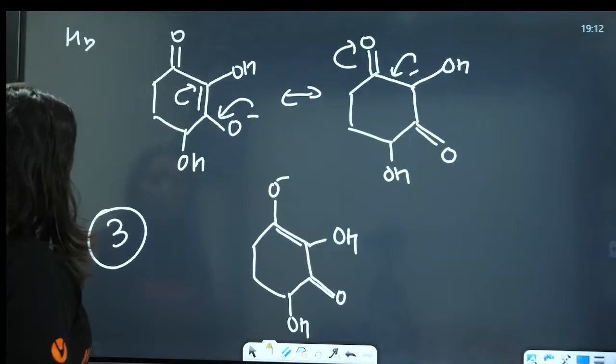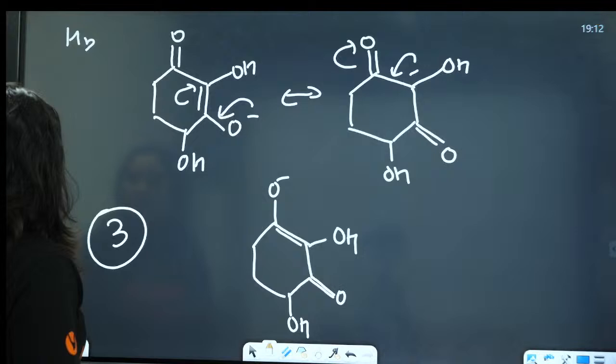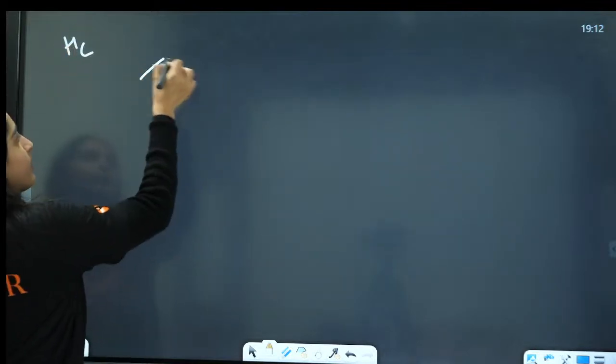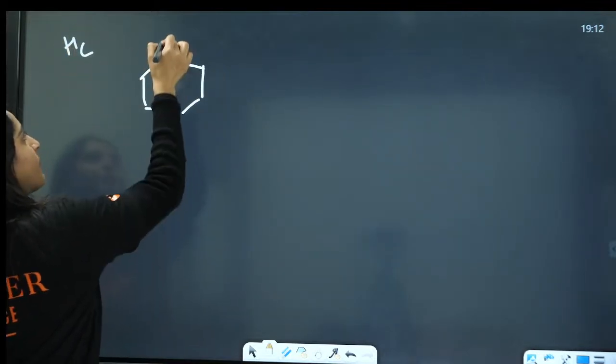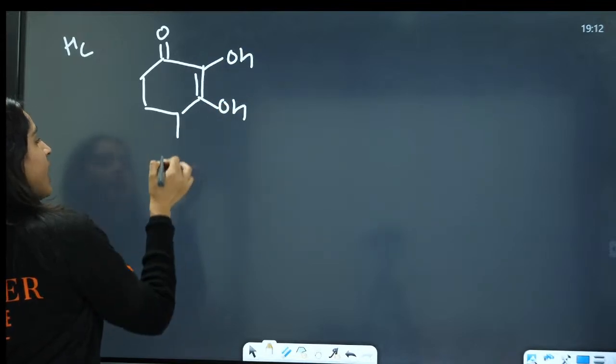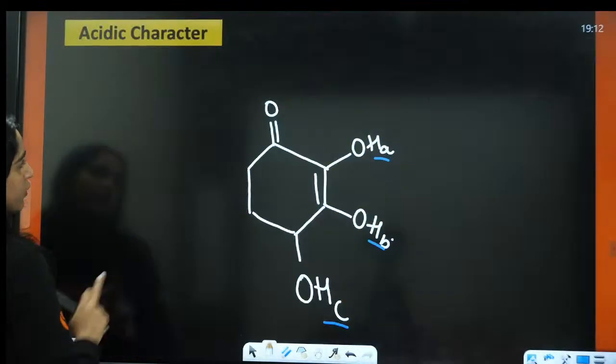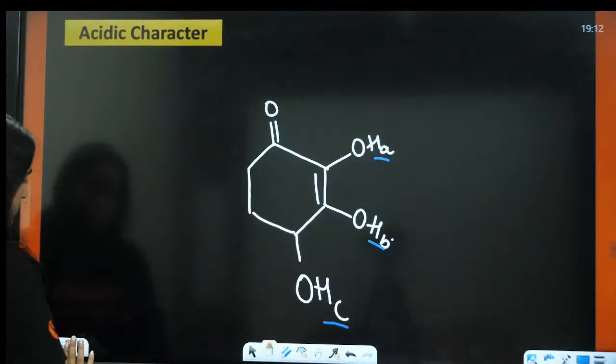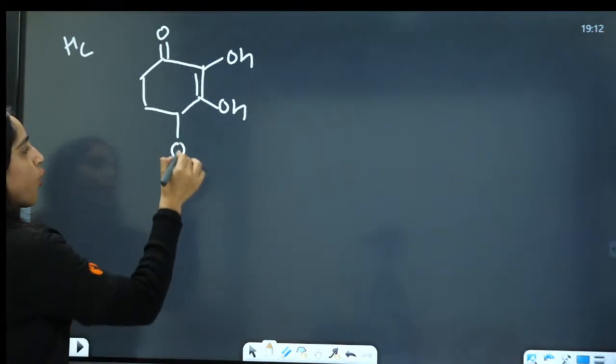Okay. So now, if we are taking away HC, that means it will have the double bond here, the OH here, double bond here, the OH here, and here only you have HC, right? So this will be O negative, this will be O negative.